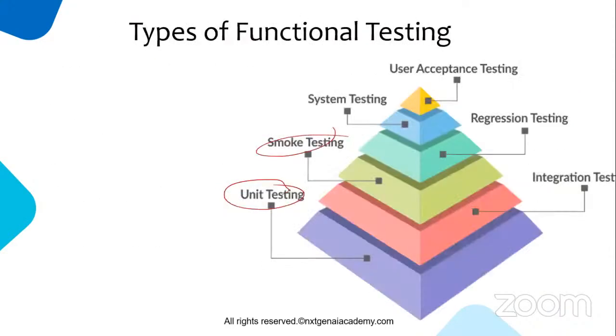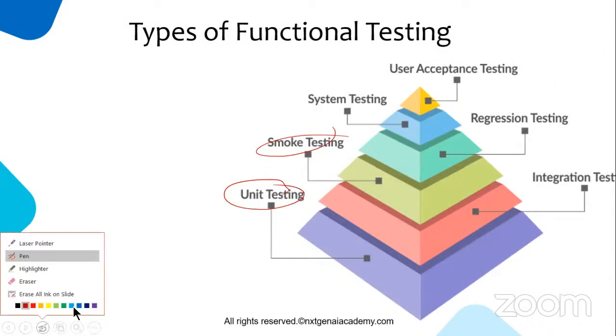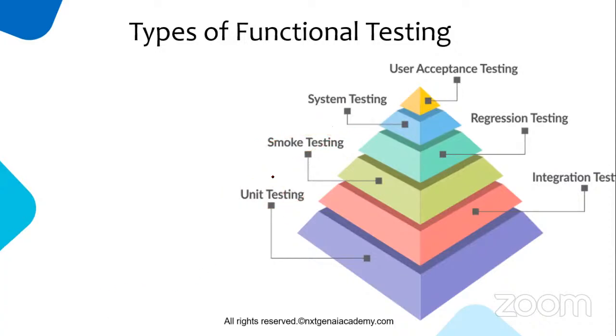When we talk about functional testing, it is divided into these many levels. When we talk about types of testing, we have unit testing, integration testing, system testing, user acceptance testing. Only these are the types of testing, and this is functional testing. Inside this, I am trying to insert all the other things, for example smoke testing.